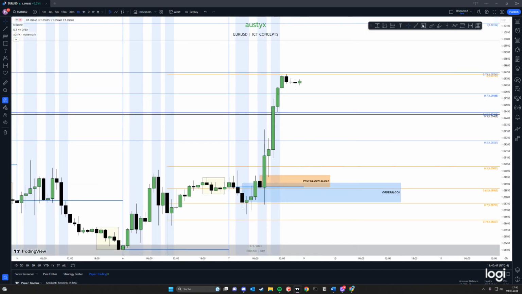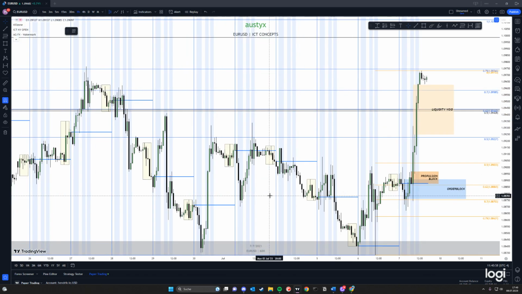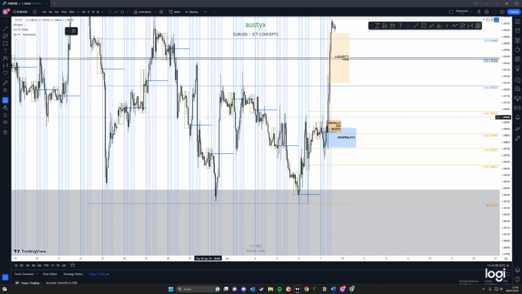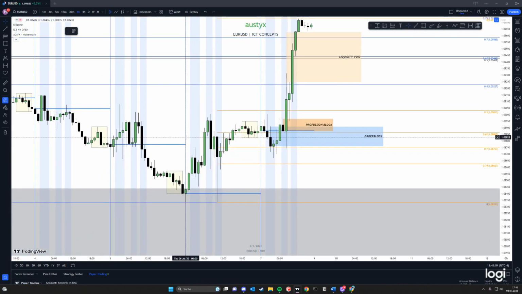Also on the 50-minute chart, we have this imbalance. Well, you could call it a liquidity void and take those with you, which is pretty important. So important stuff below the current actual price. Big wick here, also important.